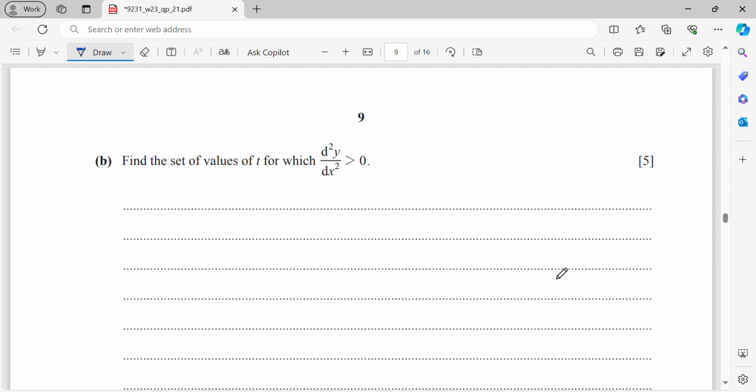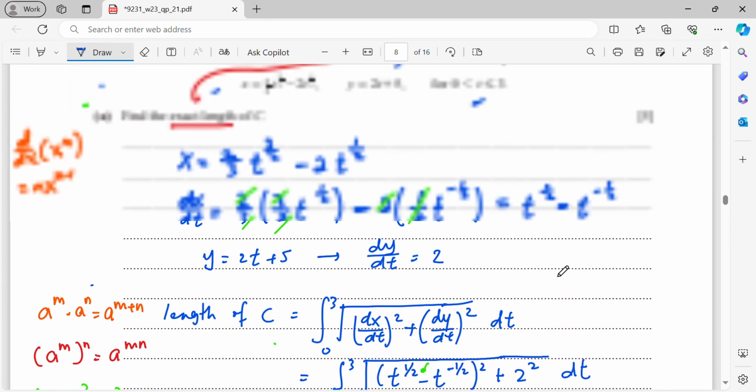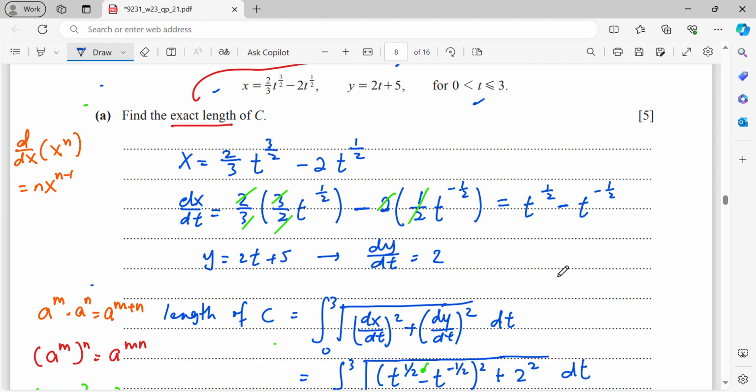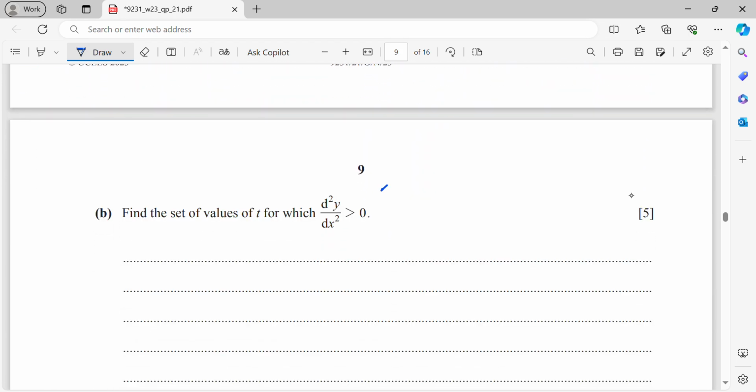Okay, part B. Find the sets of t values for which the second derivative is greater than 0. So now here, I need to write down my first derivative. We have found the dx dt is t degree half minus t degree negative half.